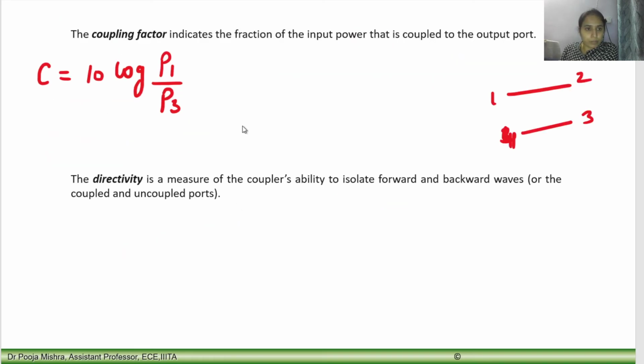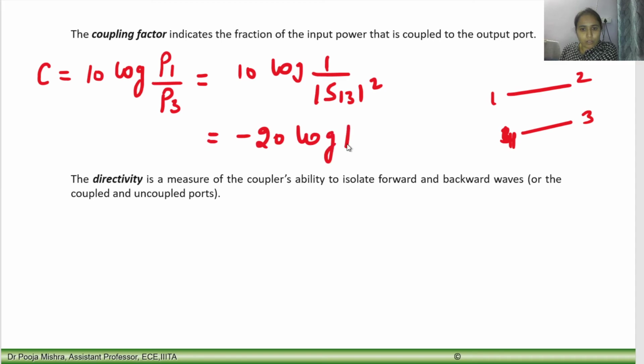So from port 3 to port 1, it is equal to 10 log of 1 by mod S13 square or S31 square, because it is a reciprocal case. It is equal to minus 20 log of mod S13 or mod S31. So the coupling factor determines how much power is coupled into the secondary waveguide port or the coupled port. From primary to secondary, how much power is coupled is determined by the coupling factor.